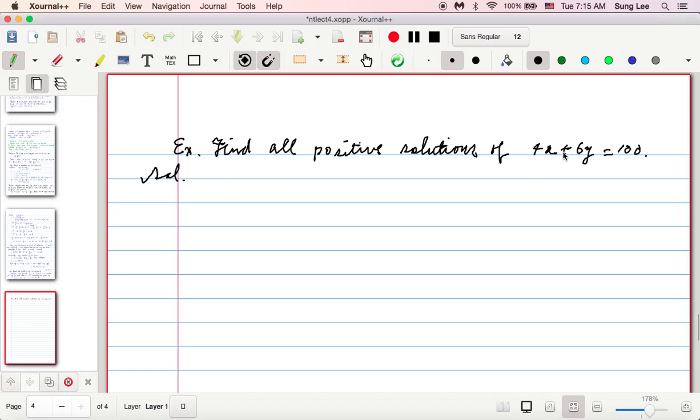Okay, so to solve this, we have to find one solution. First we need to find the greatest common divisor of 4 and 6, right? That's easy, that's 2. But we also need to find a solution, so let's do the Euclidean algorithm.